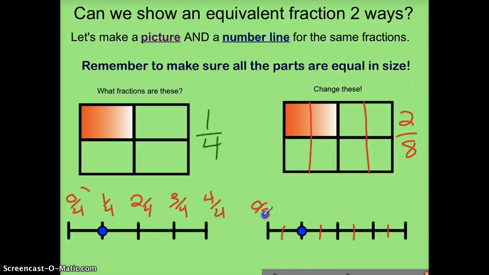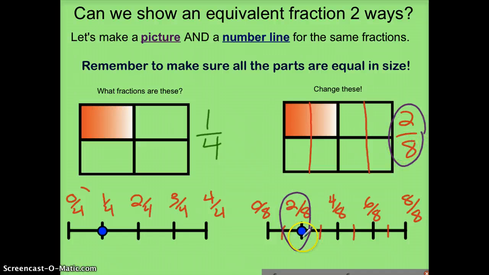So my number line starts at 0/8. I'll skip because I'm a little crowded. Go on to 2/8, 4/8, skip, 6/8, and 8/8. And I'll pay attention to the fact that my number line and my picture are both showing 2/8 for each representation.